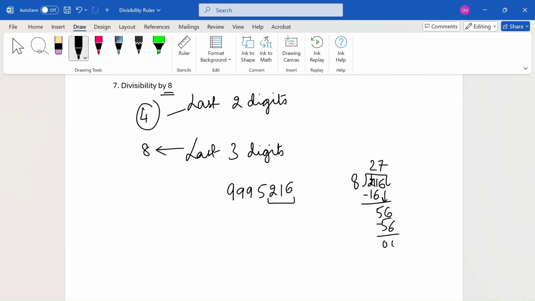So completely divisible. As 216 is divisible by 8, the entire number 9995216 is also divisible by 8. So how do we check if a number is divisible by 8? We simply check the number formed by the last three digits. I hope it is clear.